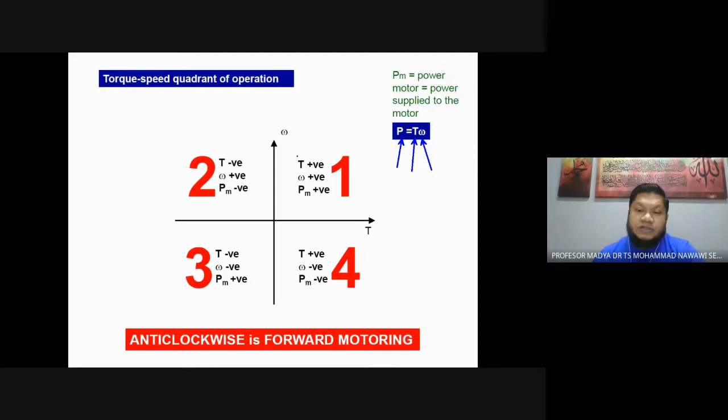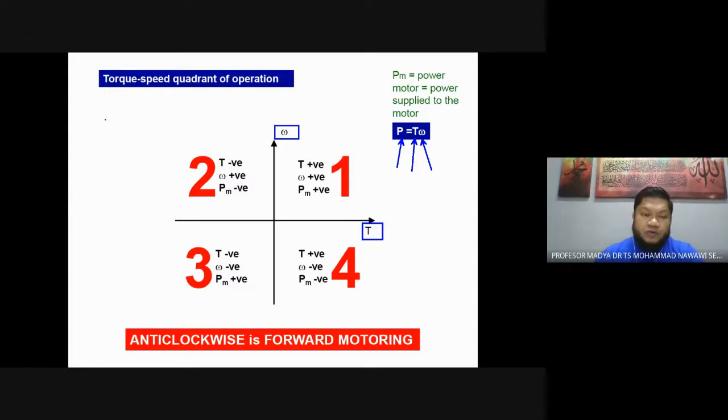Just look at this, this is known as a four quadrant. First thing first, you have this speed versus torque graph. You plot this omega versus torque. Then you have 1, 2, 3, 4.